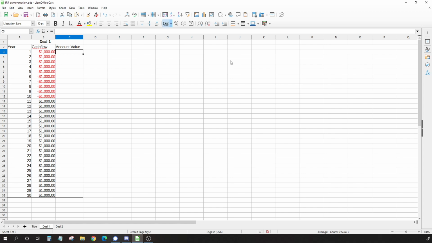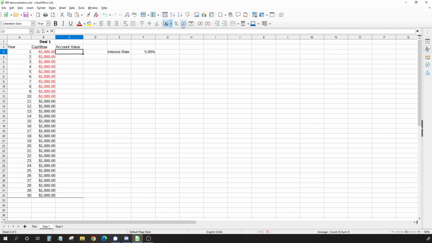But what we're also going to add to this account simulation is an interest rate. This is the rate at which the company is able to turn money into more money. And I'll just put it in a box over here. And there it is.